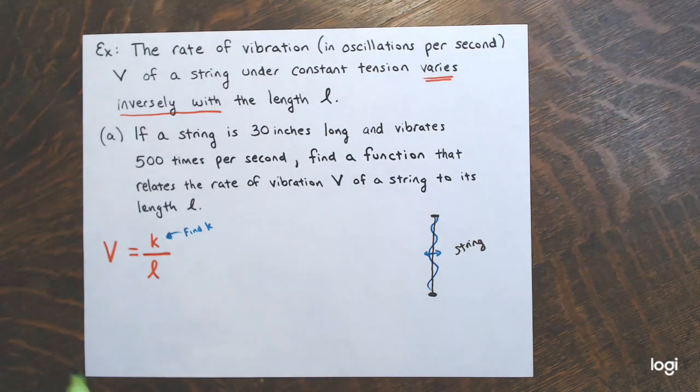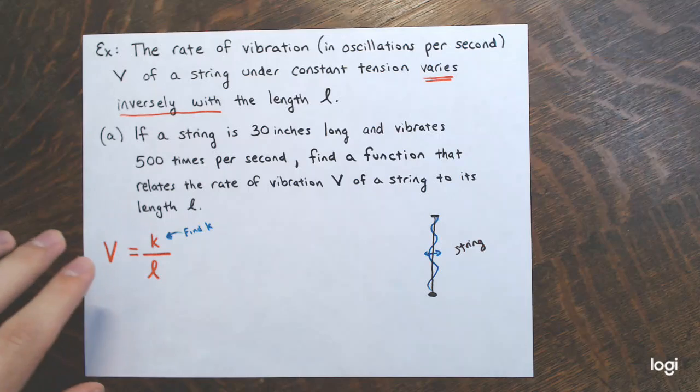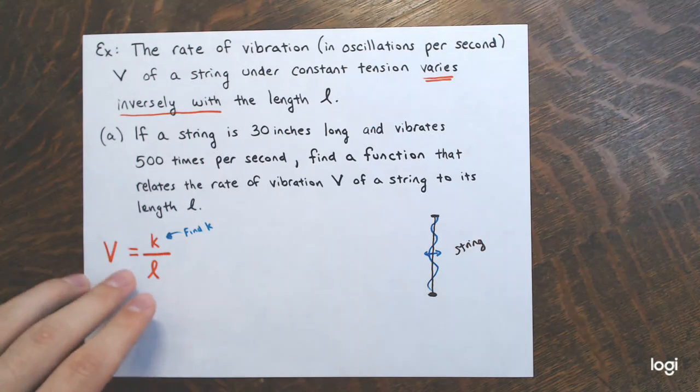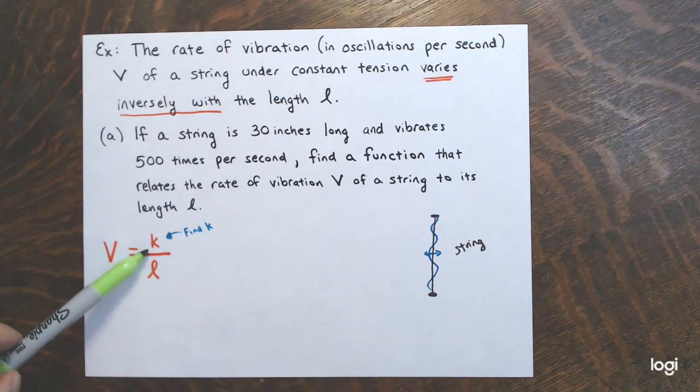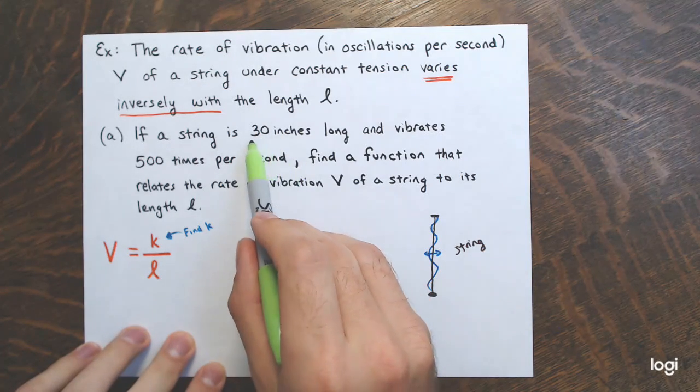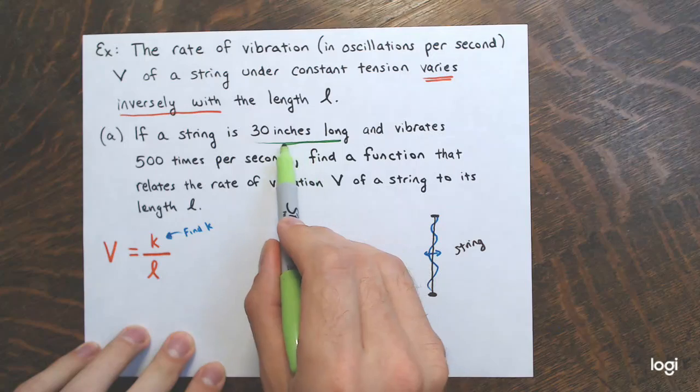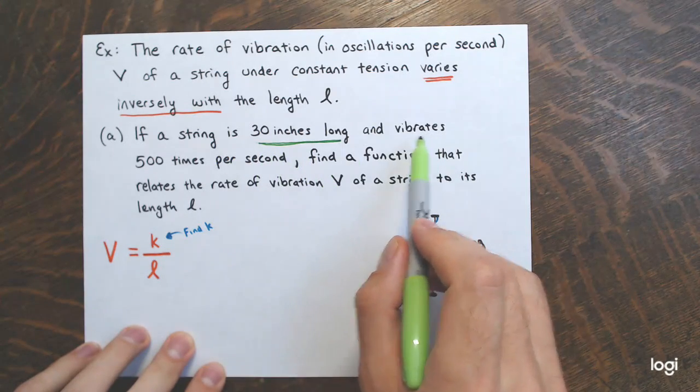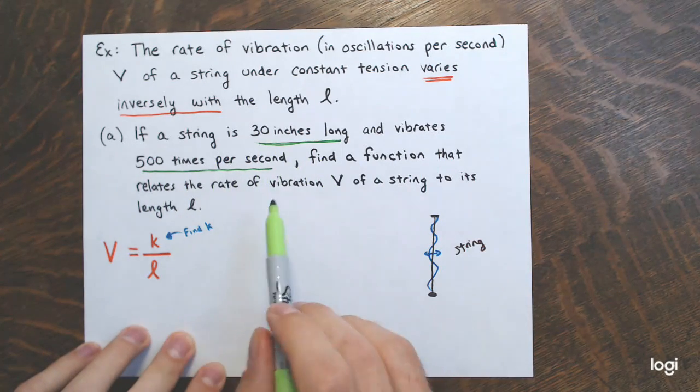And just like the last problem, when I was setting up an equation that relates two variables, we're looking for that constant of proportionality. I need to use some information that was given. They told us that a 30-inch long string vibrates 500 times per second.